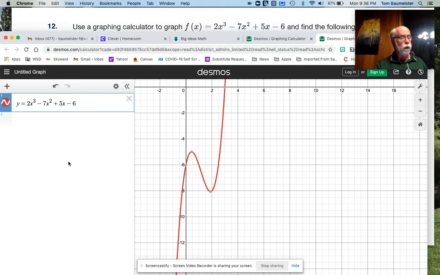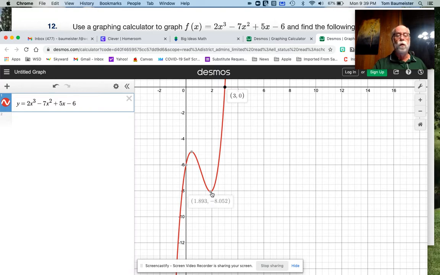Now remember, what are they asking us for? They're asking us for intervals on which it is increasing and on which it is decreasing. And they want the local max and they want the local min, and they want the x-intercept. Notice there's only one x-intercept here. So on a lot of this, I would just click on it. It'll give you what it is there.